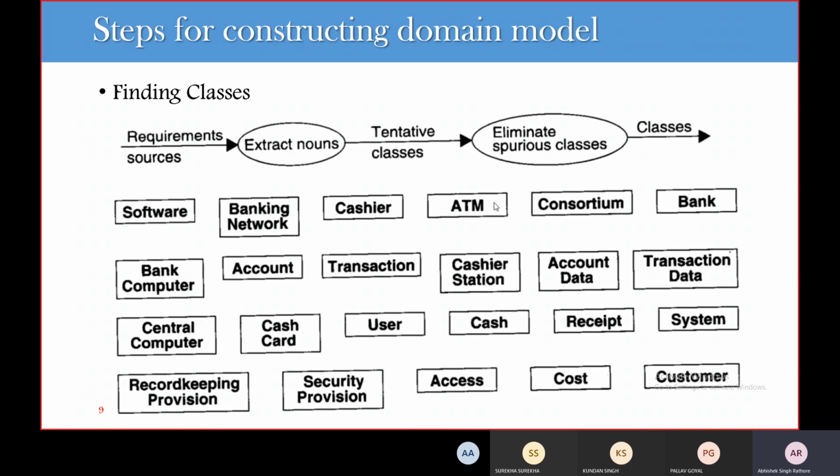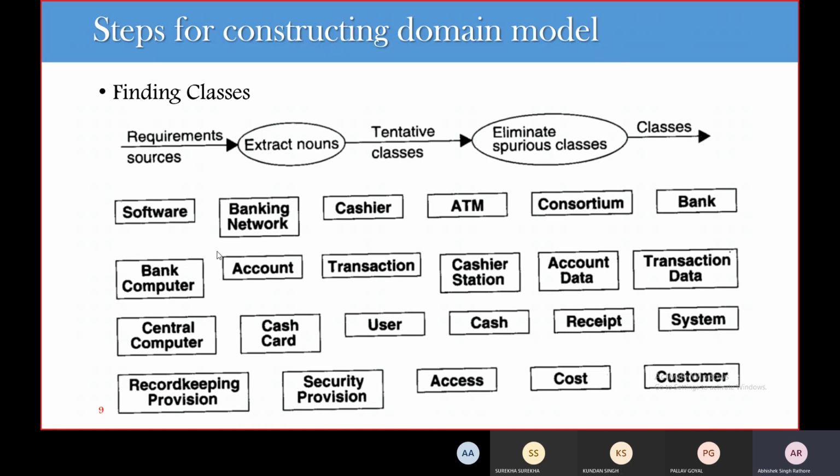These classes must make at least some sense when developing our information system, or when we are focusing on this application domain. Let's say when we are working on this banking system, we have to identify some relevant classes.